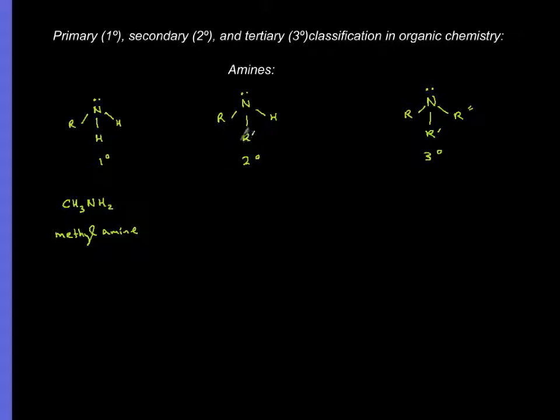If you have two alkyls, one hydrogen left on that nitrogen group, then you are a case of secondary, CH3 and CH3, H. Now this is dimethylamine.